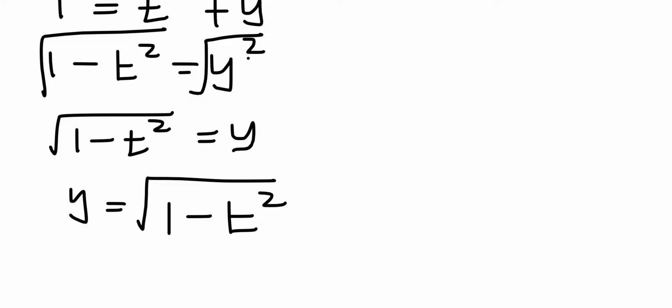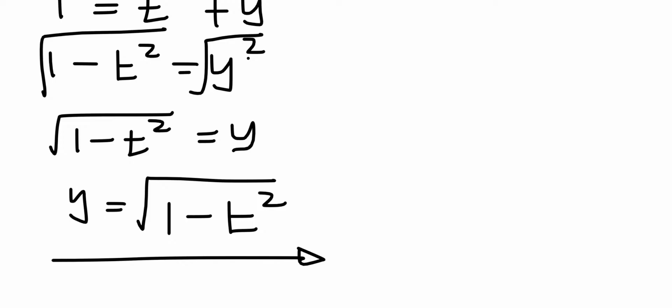Just be careful not to be confused and try to remove the square root by saying the square root of 1 minus t, because the square removed it. It doesn't apply in this case, because that square root applies to the whole expression.